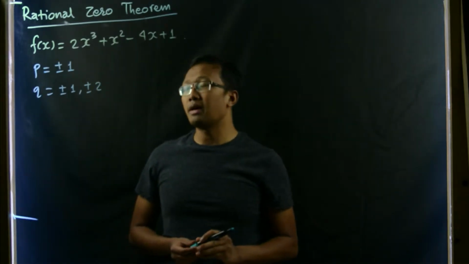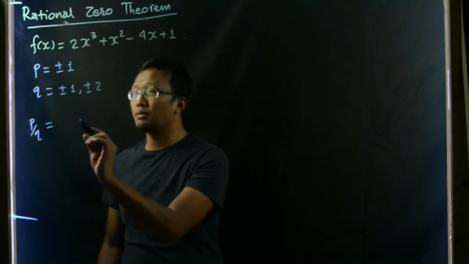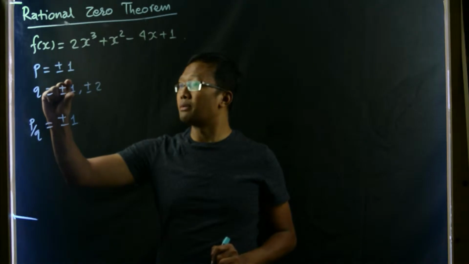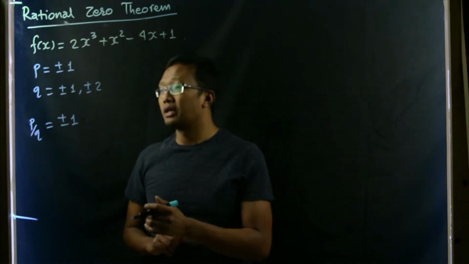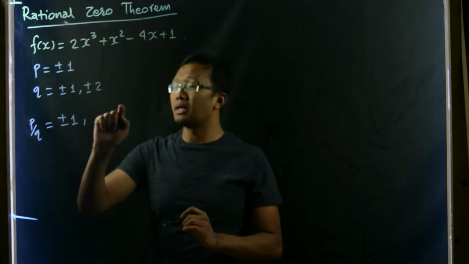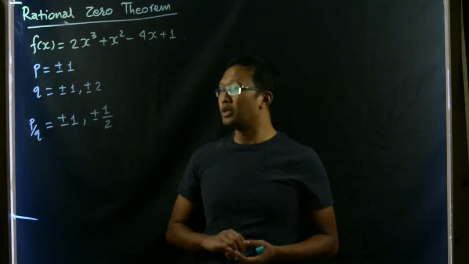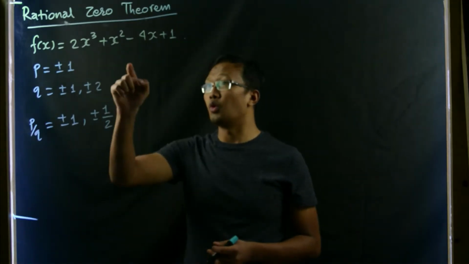Then the possible values for p by q would be plus minus 1, 1 divided by 1 will give us 1, and similarly 1 divided by 2 would be plus minus 1 over 2. Which of these four numbers are rational zeros of this polynomial?